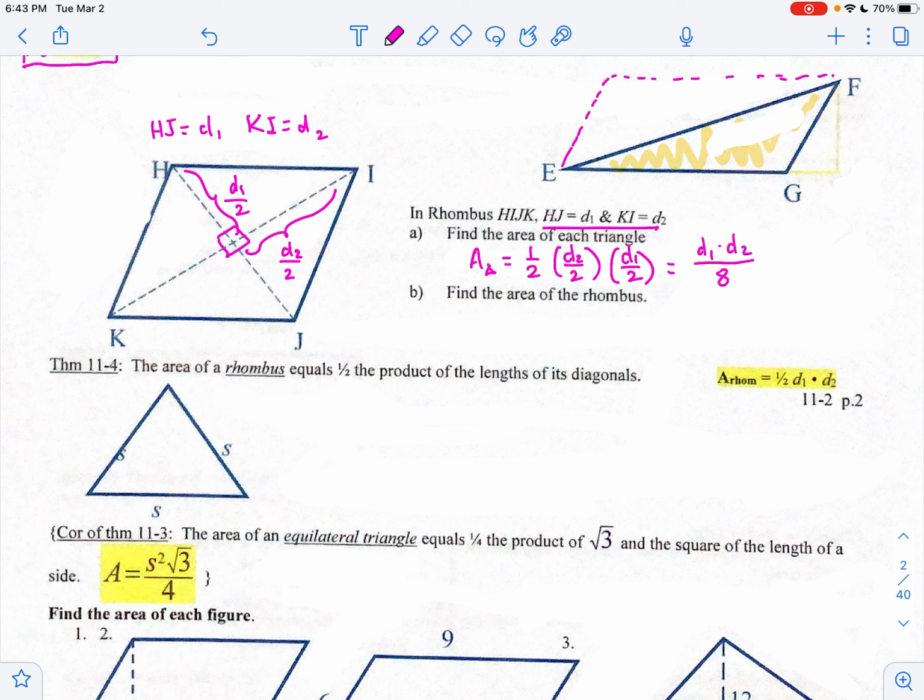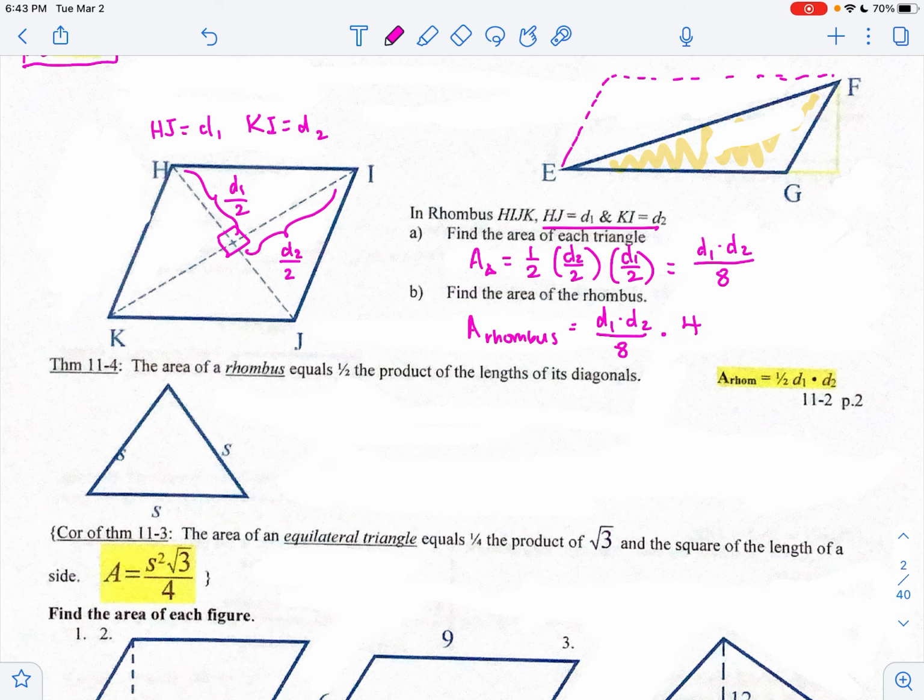Now if I wanted the area of the rhombus, I see that I have 1, 2, 3, 4 congruent triangles. So the area of the rhombus would be equivalent to taking what I just found for one triangle and multiplying that by 4, because there are 4 triangles.